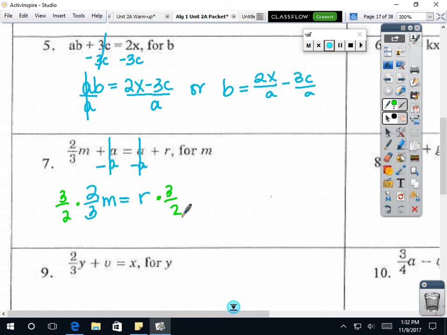Now the reason that cancels out is because look, 3 over 3 is 1, 2 over 2 is 1, and there's no need to write the 1 beside the m. On the right side, we're going to write this how? Don't we always write that coefficient first and then the variable second with no sign in between?